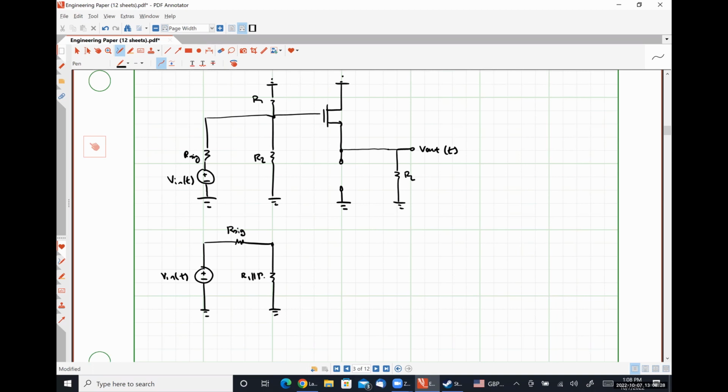To save on space, I'm going to observe that R1 and R2 appear as if they're parallel, so I'm going to replace them with a single resistance. And then over here is my gate voltage.